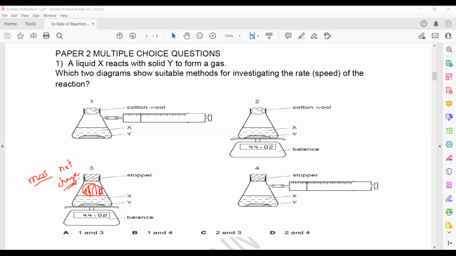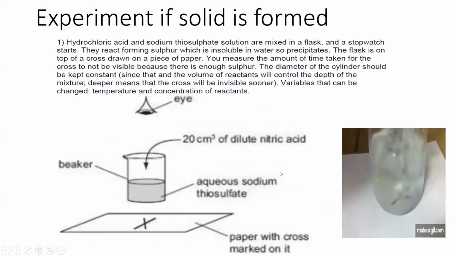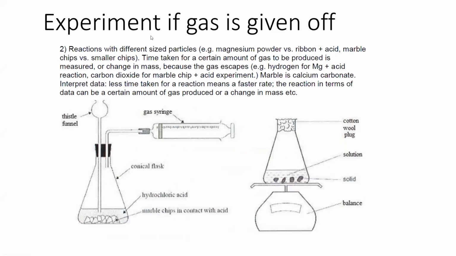Whenever a gas is given off, there are two ways to measure the rate or the speed of reaction. Number one, you can measure the volume of the gas given off, or you allow the gas to escape. If you want the gas to escape, you should not place a stopper.